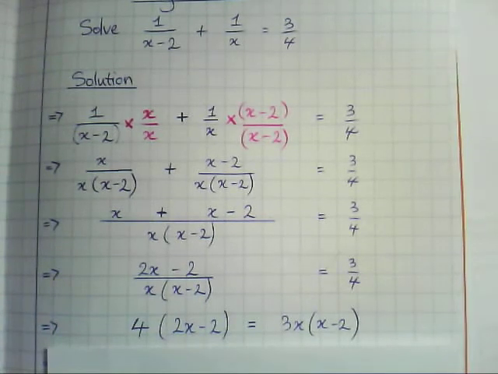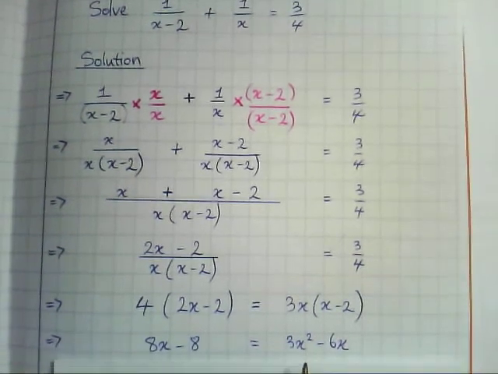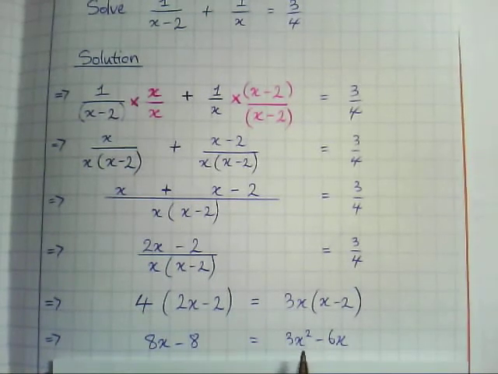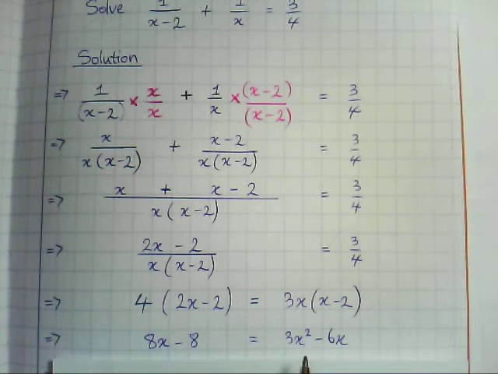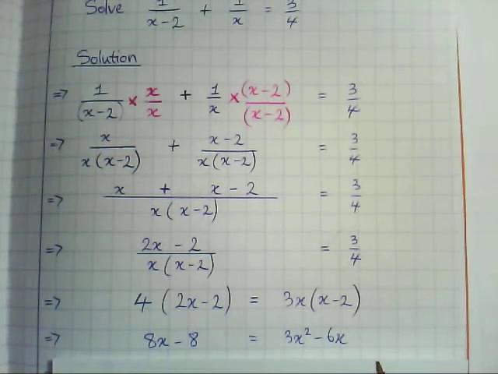Now we can start expanding out the brackets. So when we do that, we get this equation. Now you'll notice we actually have an x to the power of 2. It's a quadratic equation. So with quadratic equations, we like to have the quadratic equation equal 0.